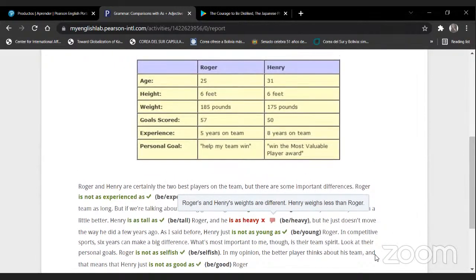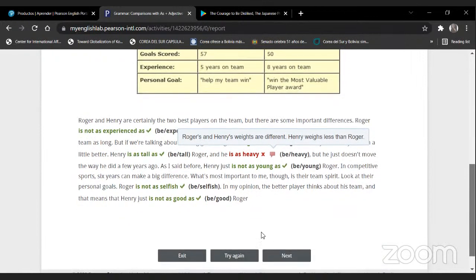Okay, Roger is 185 and Henry is 170. So as we are talking about Henry, Henry is as tall as Roger, yes, and he isn't, right? Sí. Because Roger is 175. Yes, it is negative.